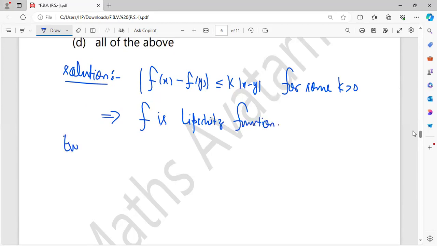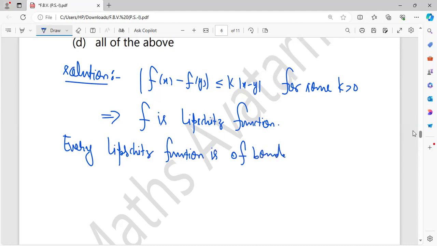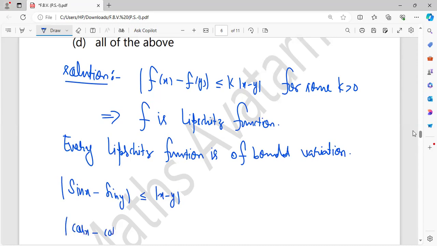Every Lipschitz function is of bounded variation. Now |sin x - sin y| is less than |x - y|. Similarly, |cos x - cos y| is less than or equal to |x - y|.